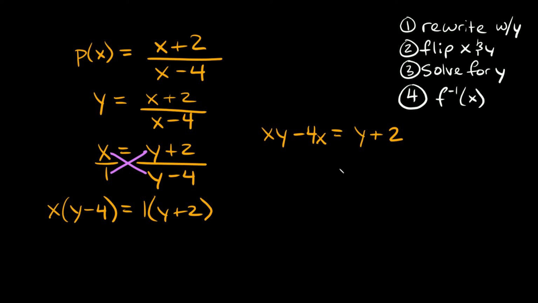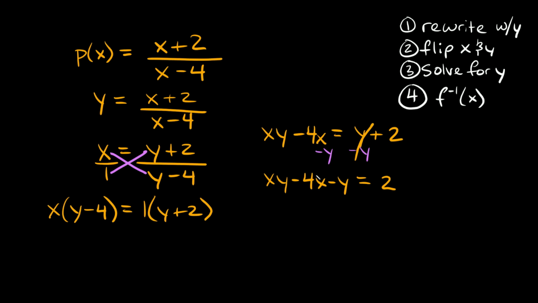That looks pretty gross, right? But remember, we're just trying to solve for y. So let's get all the y's on one side of the equal sign and all the other terms onto the other side. Here we have xy on the left side, so let's move this y to the left side also. We subtract y from both sides, so we have xy minus 4x minus y is equal to, well, those canceled out, so we're just left with a positive 2.